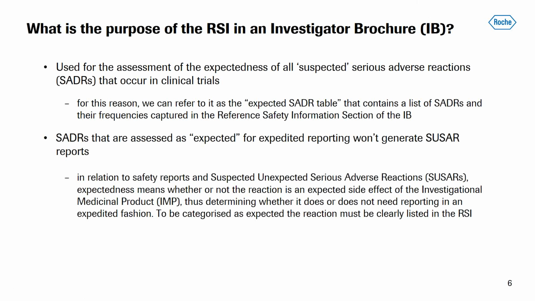So, for example, if the term pneumonia is already in the RSI, that means pneumonia is considered expected. So it does not need to be reported as a SUSAR if a serious drug-related pneumonia occurred in a clinical trial, except for life-threatening and fatal outcomes.